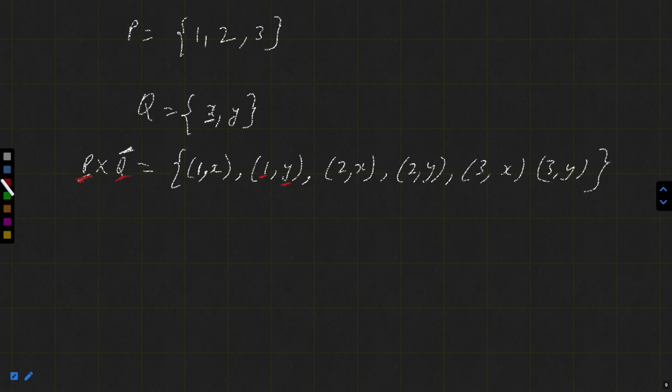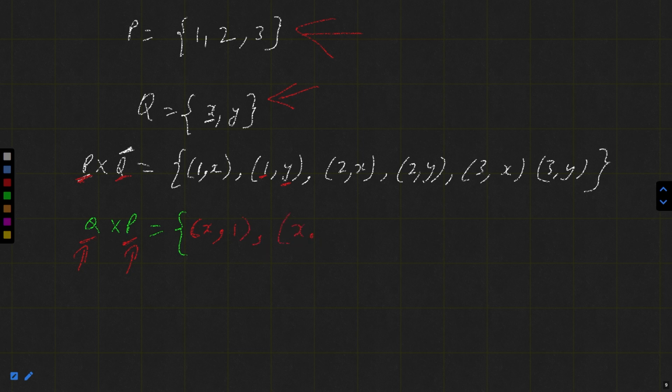Quite simple. What about Q cross P? Now the first element of each pair comes from Q and the second element from P. So first I pick X and place 1 with it, X comma 1.